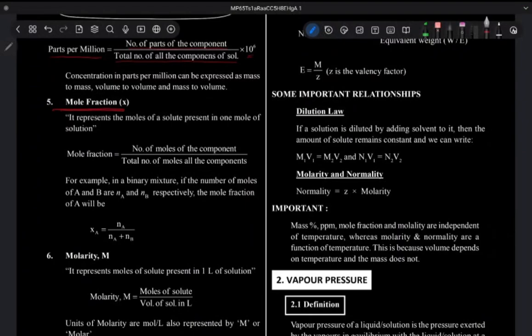Okay, to our fifth concentration term, which is mole fraction. It is a way to express the concentration of a substance in a mixture. Think of it as looking at the share one ingredient has in a total recipe, but counting by particles, which is moles, instead of weight or volume. In simple terms, it tells you out of every 1 mole of the total mixture, how much of it is specifically substance A. So it represents moles of a solute present in 1 mole of solution, and its formula is mole fraction equals number of moles of the component divided by total number of moles of all the components.